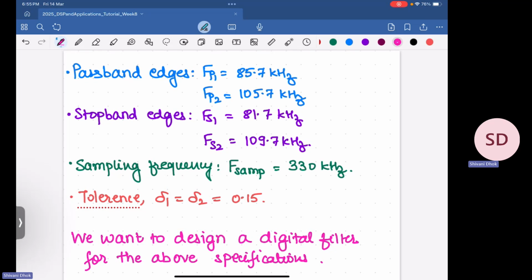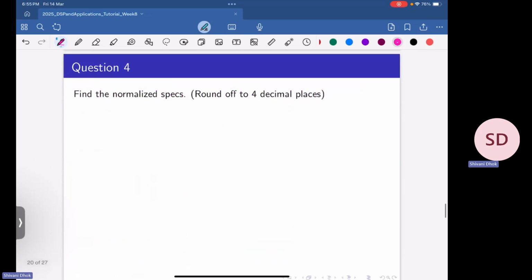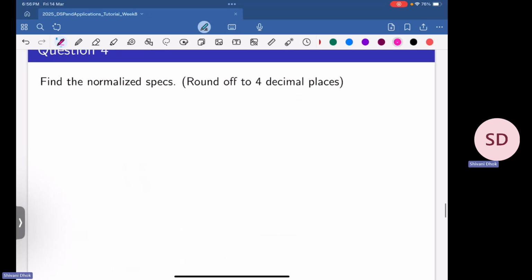I have divided this entire process into small parts. Each question corresponds to one step of designing this filter, so that it's easy for everyone to understand what is happening. So let's start. First step, find the normalized specification. This is step 1 for designing any digital filter. We are given analog specifications.